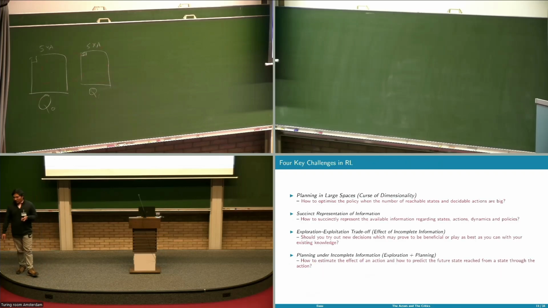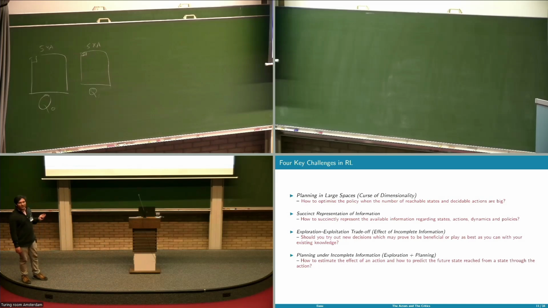Now typically there are four key challenges, in my opinion, in RL in this setting. First is planning in large spaces where you really have the curse of dimensionality. Can you find a very succinct and nice representation of the information, and how to do that? We'll look into different functional approximations, and Guillaume will tell you more during the tutorial how to choose different types of functional representations.